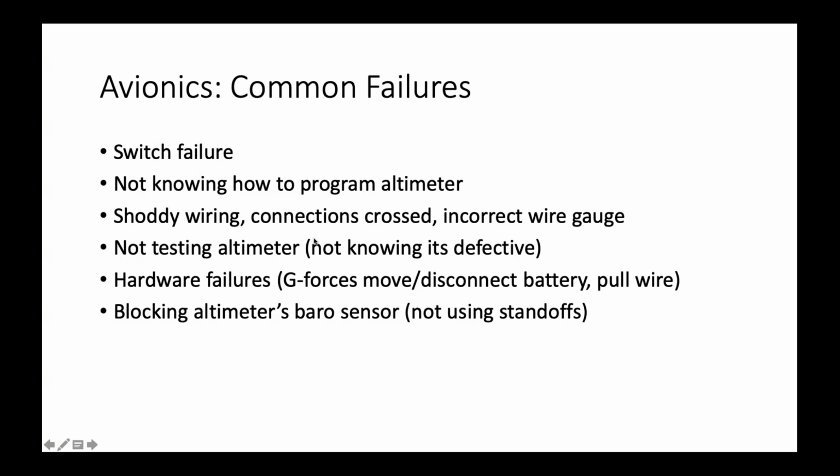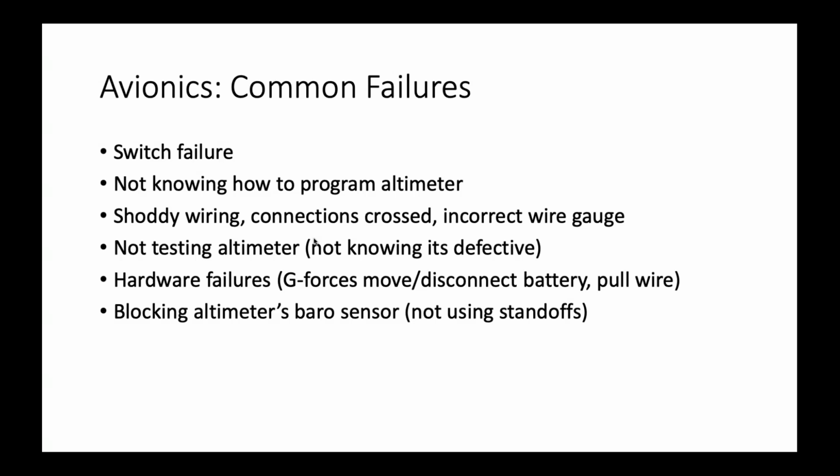So for avionics, this is the avionics that are not part of your payload, just the altimeter and deployment electronics, things like that. A common one I've seen a lot is the switch failure.